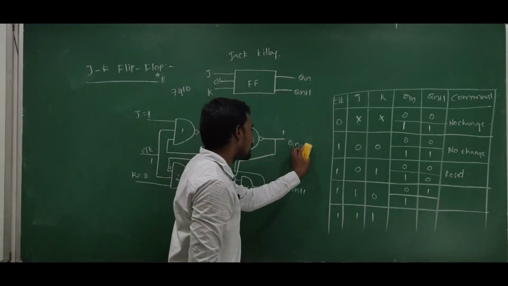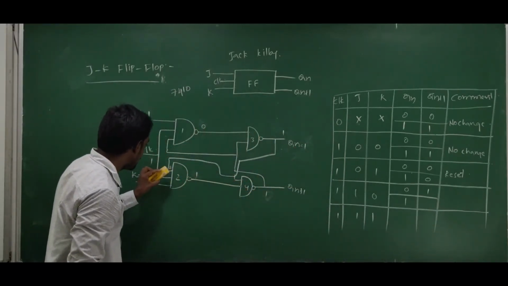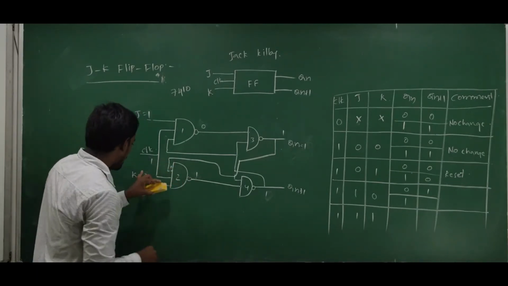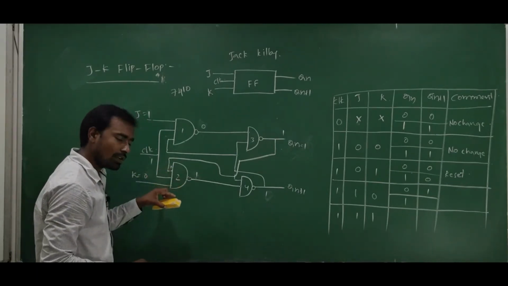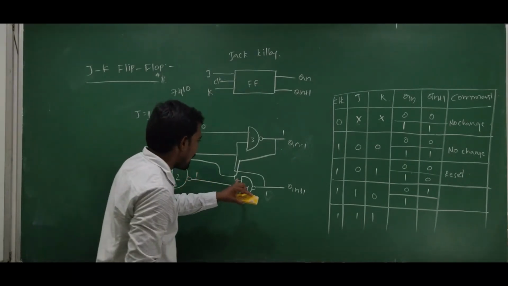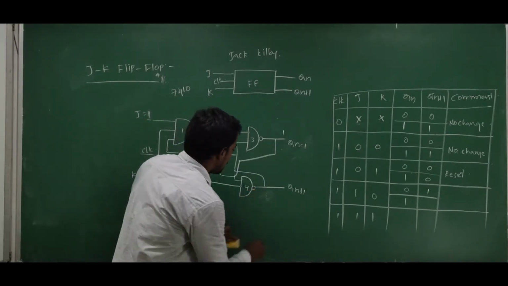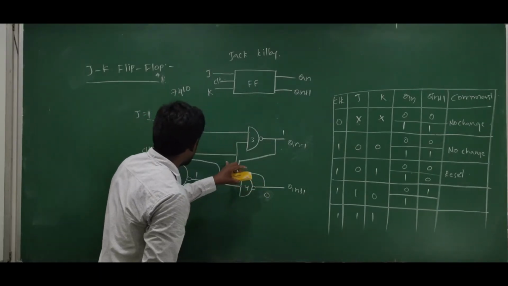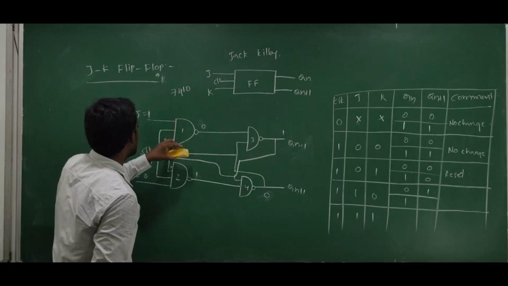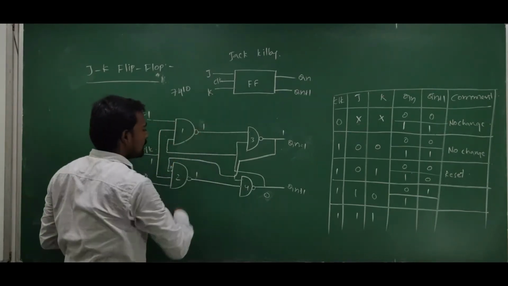Okay, and for the Qn is equal to 1, and 1 is applied here, and K is equal to 0, 0 cross anything is equal to 0, and complement output is equal to 1, and 1 cross 1 equal to 1, 1 Q complement 0, that 0 is applied here, 0 cross anything is equal to 0, 0 complement here 1.